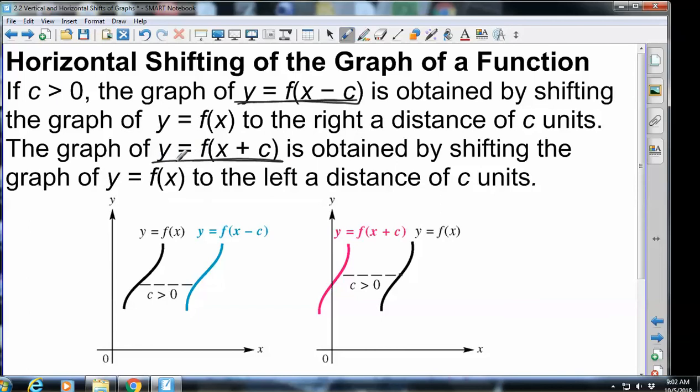So you don't have to write down this whole thing, maybe these two underlined pieces. Outside is y, does what you think. Inside is x, it does the opposite. So if I subtract, that actually moves it in the positive direction. So if you subtract on the inside, that goes right. If you add on the inside, it's going to take it in the negative direction, and it's going to go left. So inside is x, it does the opposite of what you think.